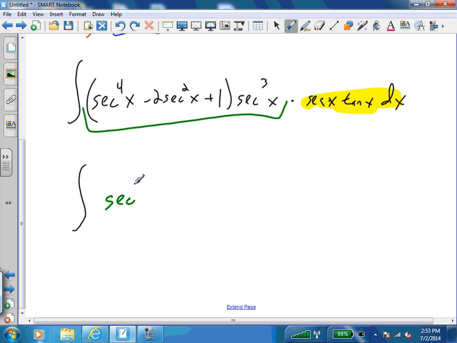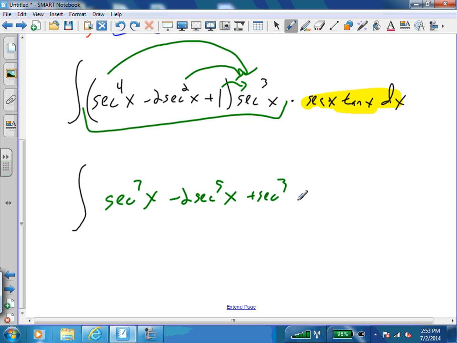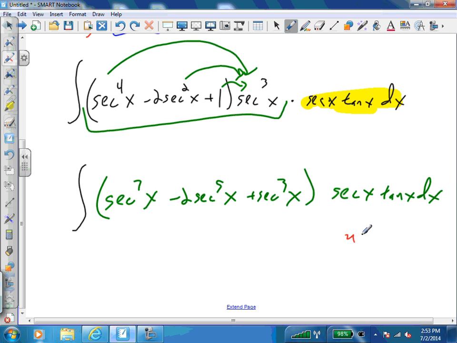So that's secant to the 7th minus 2 secant to the 5th plus secant cubed, and then our secant tangent dx. Just remember, u is secant, so du is secant tangent. So this is u to the 7th minus 2u to the 5th plus u cubed du.